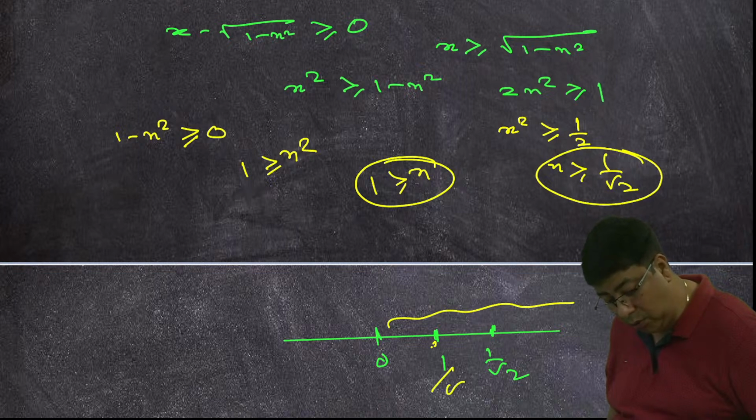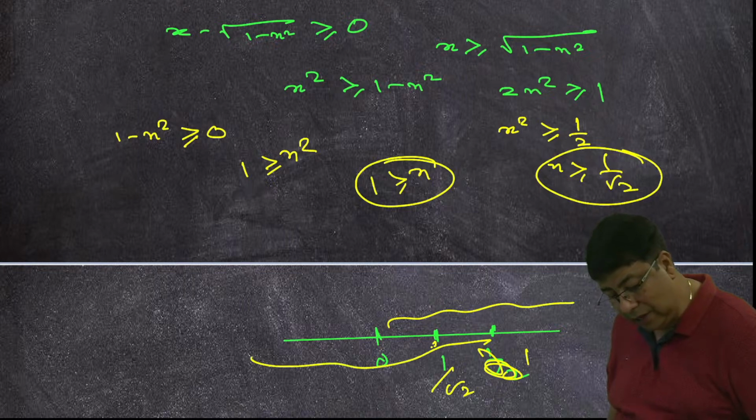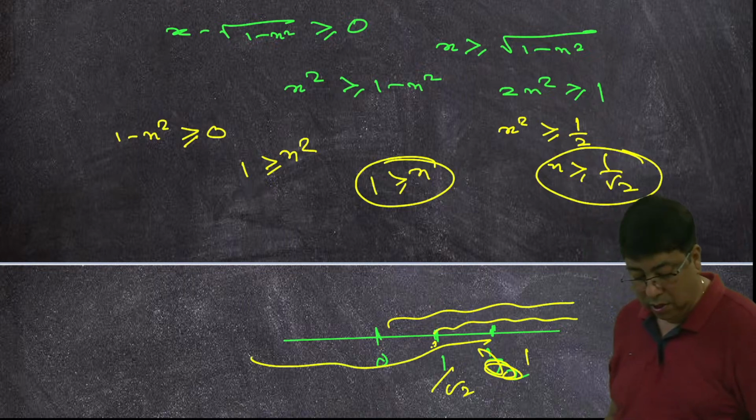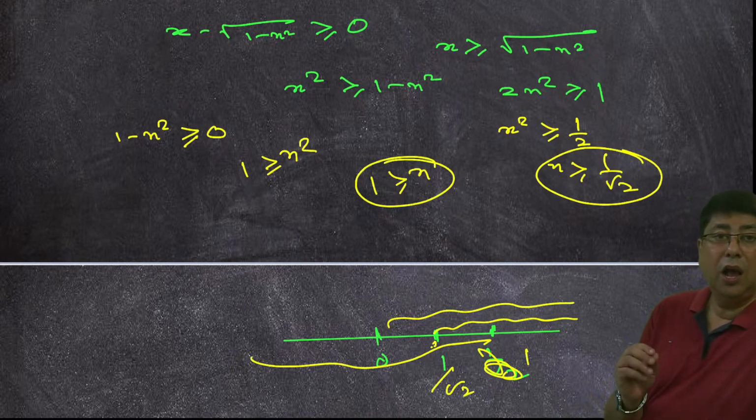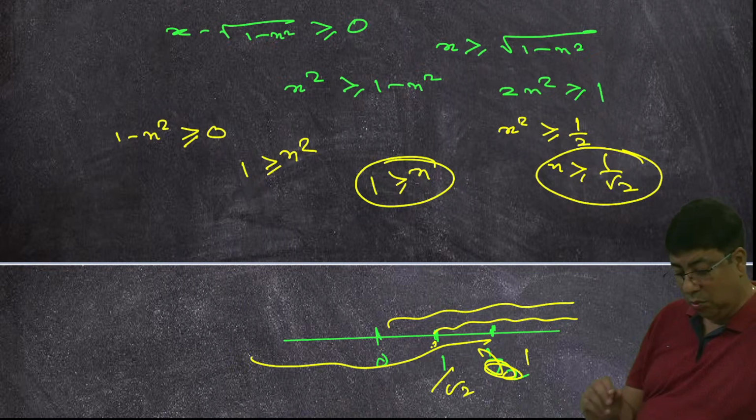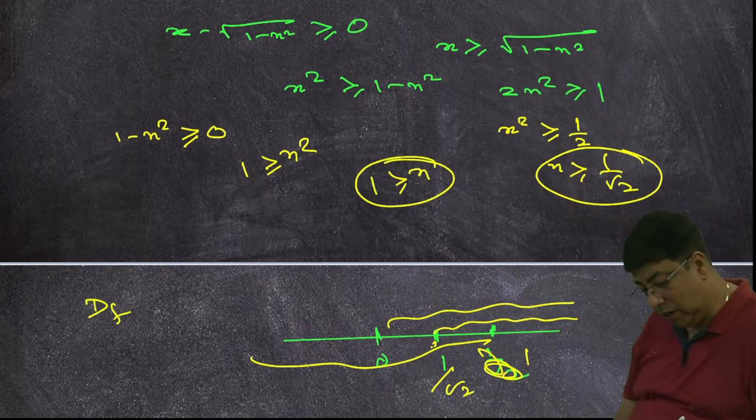Oh, sorry, 1 by root 2 is here and 1 is here. x less than or equal to 1 and x greater than or equal to 1 by root 2. So three conditions will combine where 1 by root 2 to 1. Therefore, the domain of the function belongs to [1 by root 2, 1].